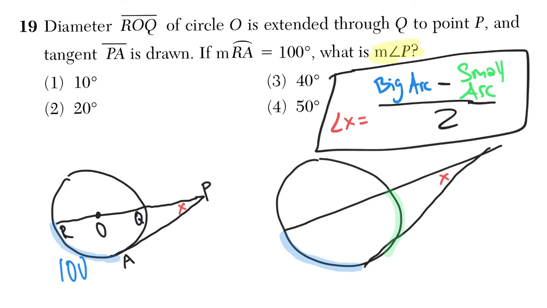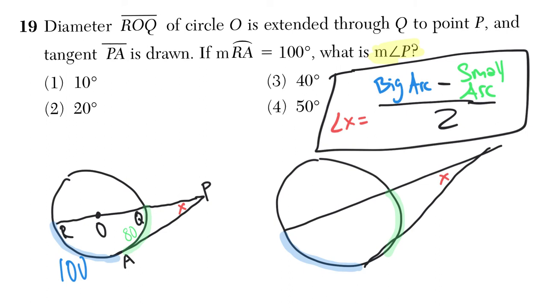All right, so here's what I know, and this is pretty important. If this is the diameter, right, and then this is 100 degrees, what is the angle of this arc right here? Well, we know that a whole circle is 360 degrees. 360 divided by 2 is 180, so that if this is 100, this arc right here has got to be 80 degrees, and that makes sense, right?